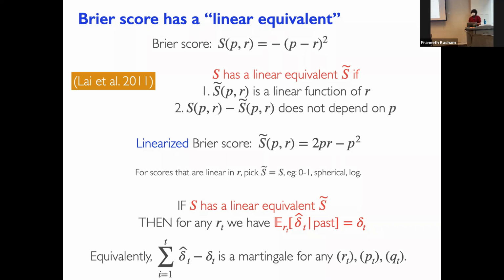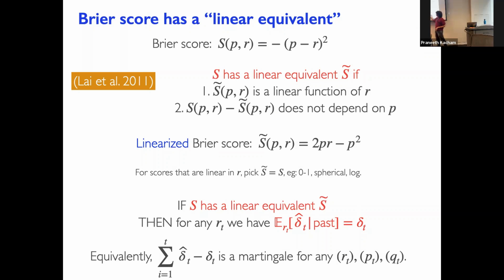Okay, so why is that nice? It's nice because no matter what R_t, P_t, and Q_t are, the sum of delta hat t minus delta t is a martingale. For those who don't know what a martingale is, it basically is this statement. Delta hat t minus delta t, that's the increment in this sum.